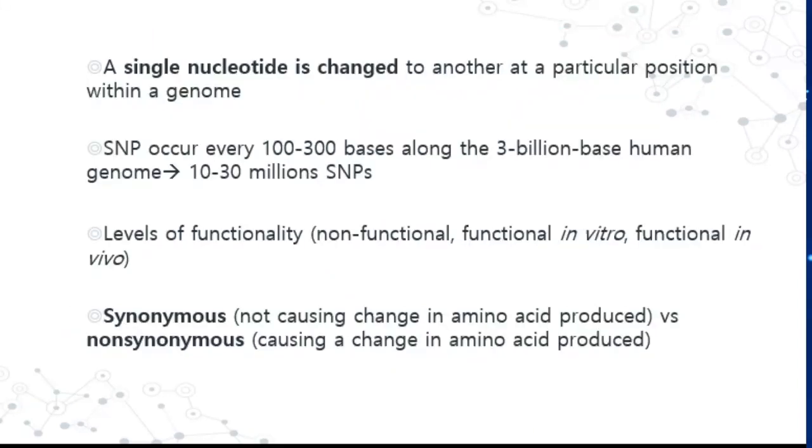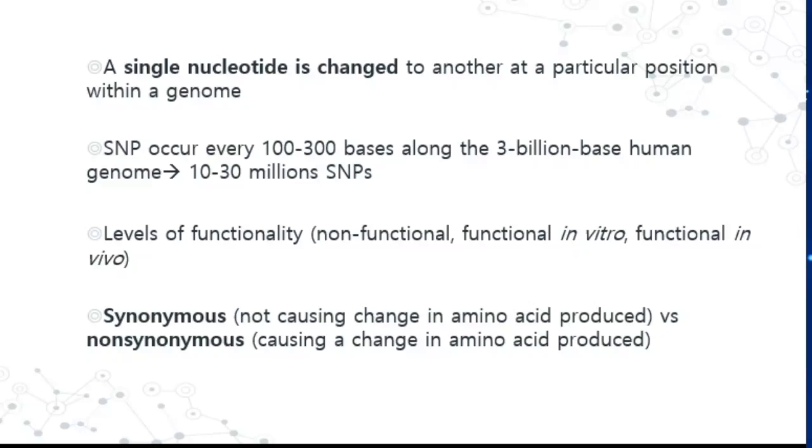SNPs are actually very common. They may occur every 100 to 300 bases along the 3 billion base human genome. That makes up 10 to 30 million SNPs. But worry not, not all are functional or relevant. A SNP can be either synonymous or non-synonymous.